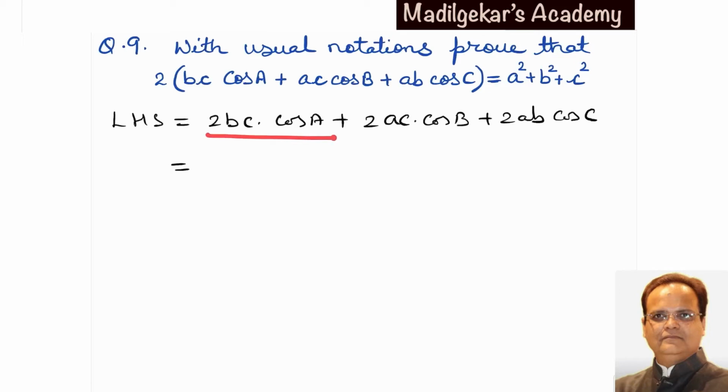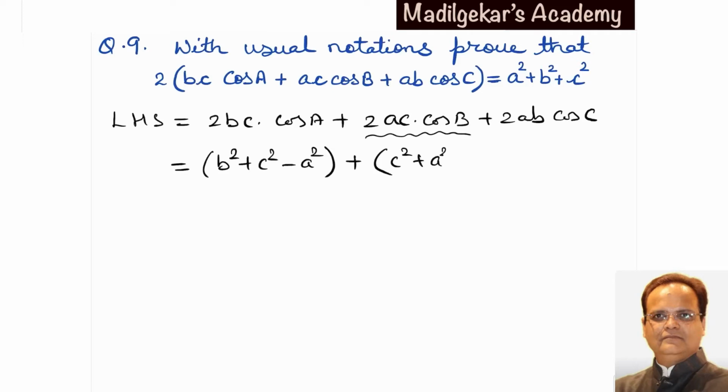2bc cos A, this term can be replaced by b square plus c square minus a square. This term can be replaced by c square plus a square minus b square. And third term can be replaced by a square plus b square minus c square.